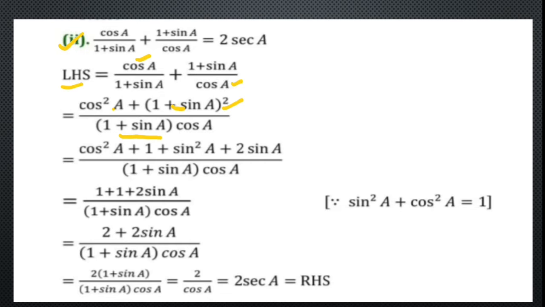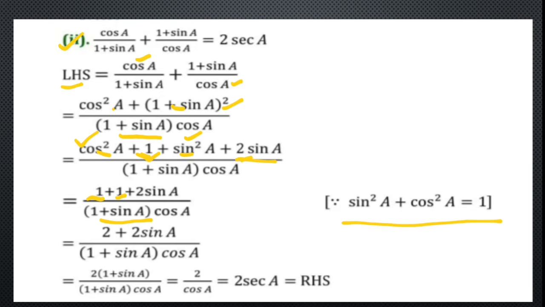So in the next line it will become cos square A plus 1 plus sin square A plus 2 sin A. Now cos square A plus sin square A, if you use the first identity, is equal to 1, and here is another 1, plus 2 sin A, all divided by this denominator term.